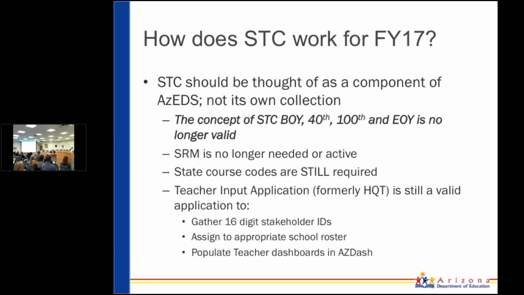One of the enhancements that we do have is to give you a warning if that is not a valid teacher ID. What we were trying to prevent, so sometimes we were trying to help, but I don't know that we always help. If you did by chance know what the valid teacher stakeholder ID was, but yet you haven't rolled them over yet in HQT, we were trying to decouple those processes because in the past they were tightly coupled.